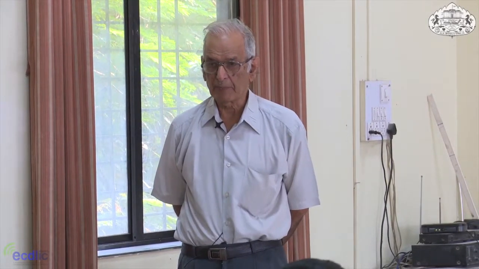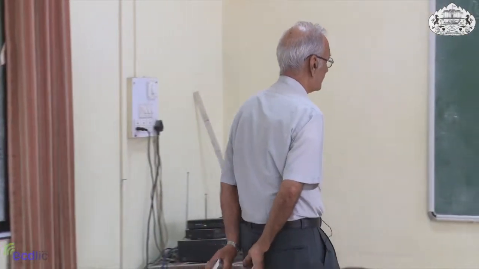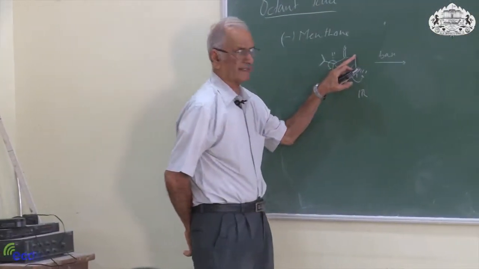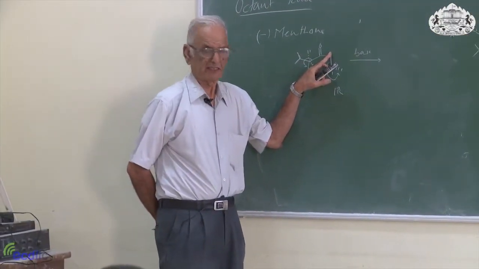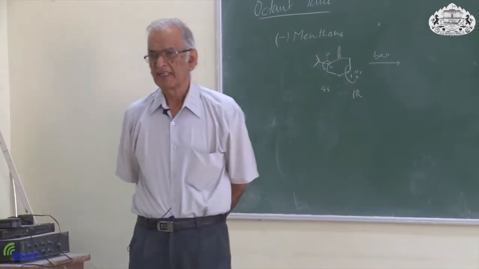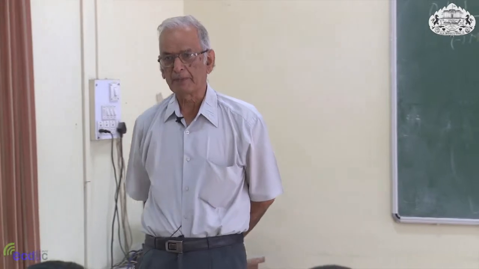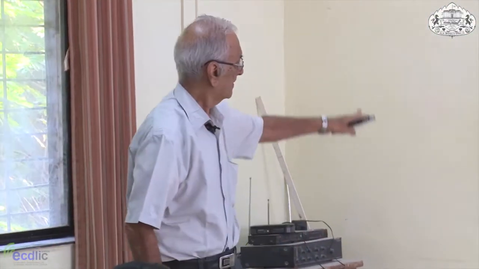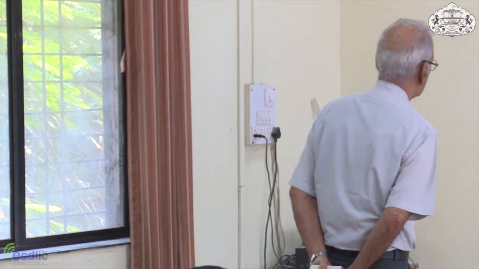You are treating it with the base, so what should happen? Acidic hydrogen will be abstracted. If I pull out this, there will be no change, but when I pull out this, I will create an anion, and an anion picks up hydrogen from lower phase, it will give you minus menthone back. If it picks up from the upper phase, you will get a new compound which is plus isomenthone.